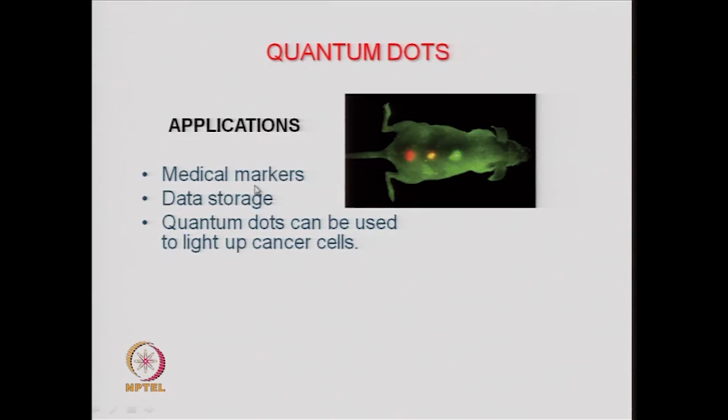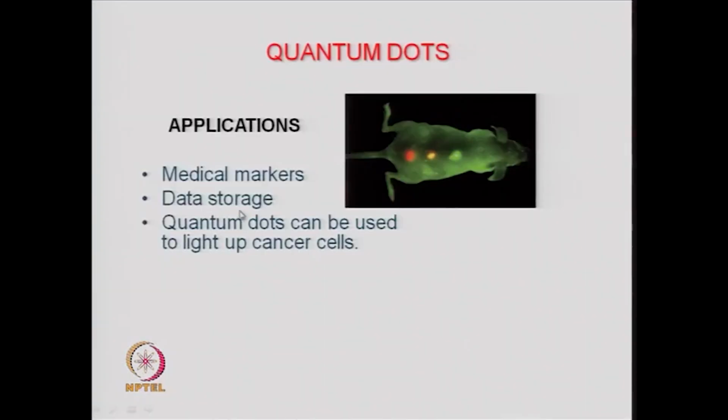So, in medicine, in biosensing applications, there is a tremendous importance of quantum dots, and apart from that, you can use quantum dots in data storage. We have earlier looked at data storage using magnetic nanoparticles. We mentioned that magnetic nanoparticles are used in DVDs, in CDs, etc. nowadays, and you can also use optical properties of nanoparticles, and do optical encoding and store data based on these optical properties of quantum dots.